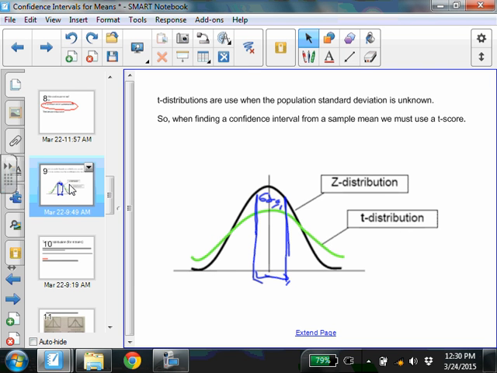No. Why not? Because when we look at these, all of this space right here, all of these different data points that are included in the z-distribution are not included in the t-distribution. So the amount of data that lies within one standard deviation of the mean in a t-distribution is less than what's one standard deviation away from the mean in a z-distribution, right?